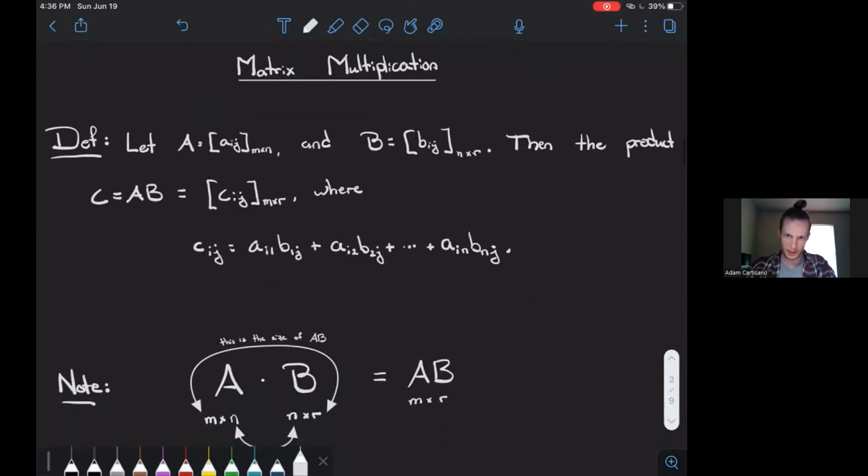Matrix multiplication now. Just like when we defined the dot product of two vectors, we did something that was not obvious. One thing we could have done was define the product of two vectors as going component wise, multiplying each pair of components, and making a new vector of the same size.